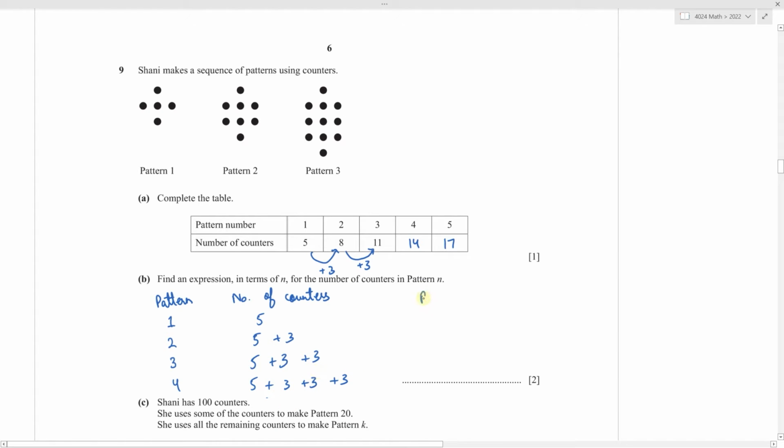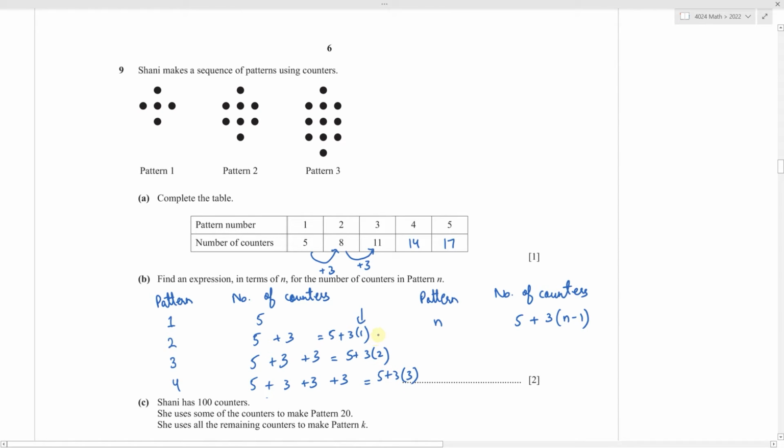So if the pattern number is n, the number of counters will be 5 plus how many threes? n minus 1, right? Because this is equal to 5 plus 3 into 1. This is equal to 5 plus 3 into 2. This is equal to 5 plus 3 into 3.